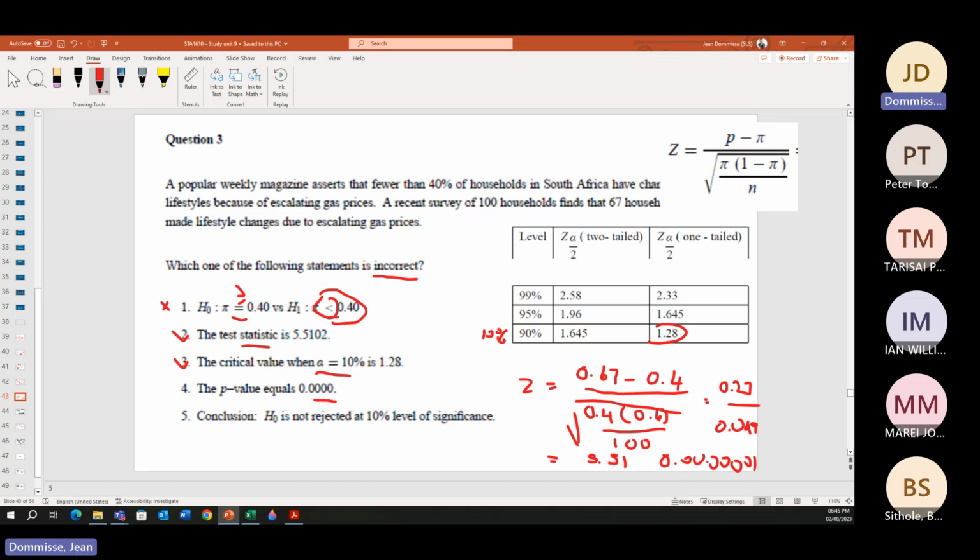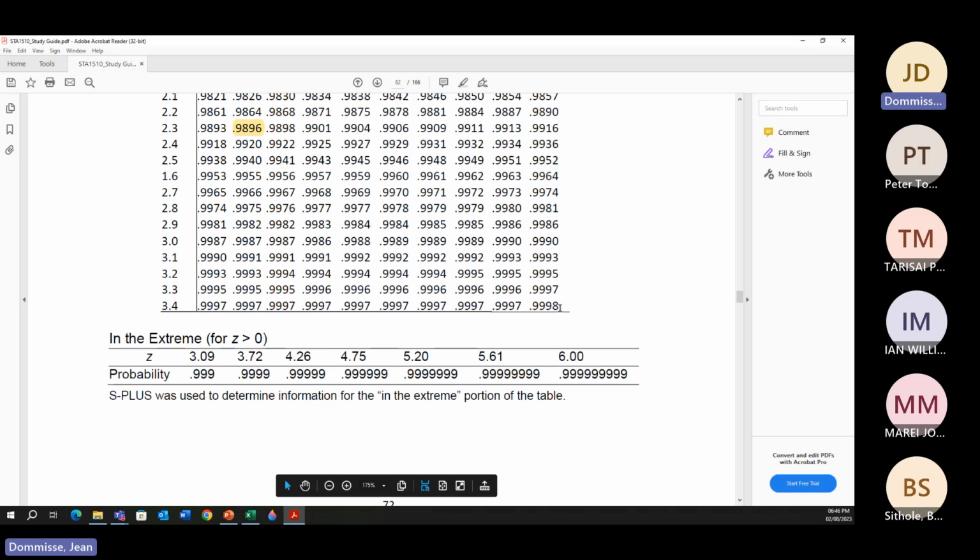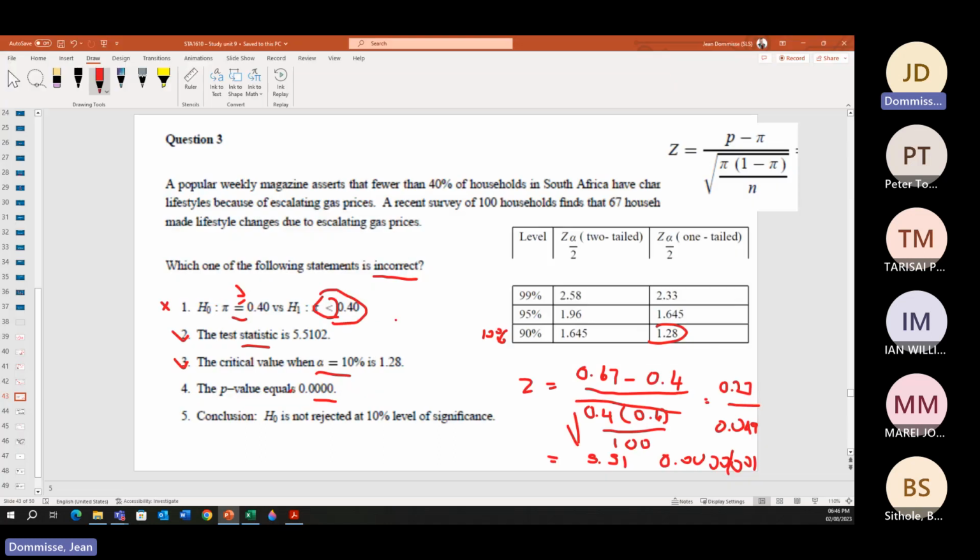Okay, so that is why this looks weird, but physically we can't round it off only when we get to the 7th decimal. So when you start getting to anything above 3.4, we are actually moving into a place where your p-value will be so small, it is 0.